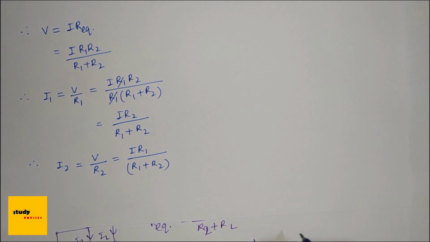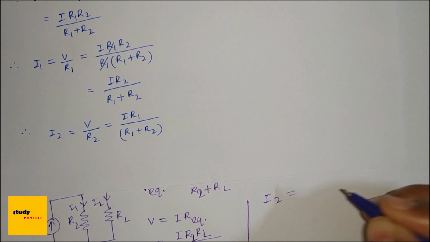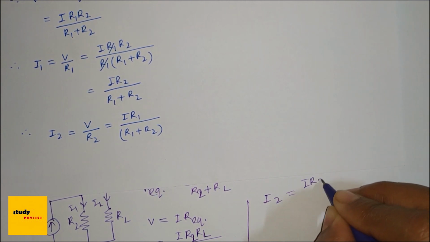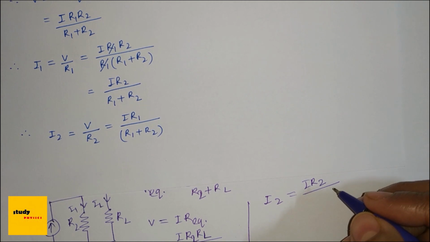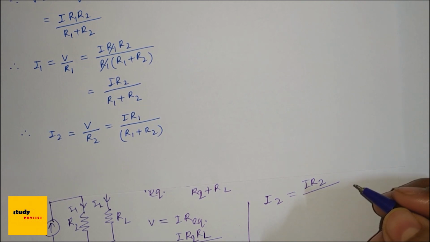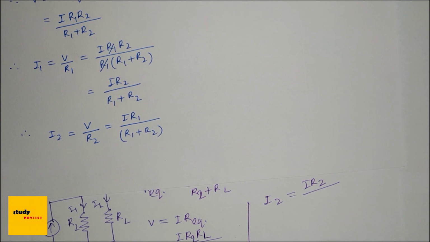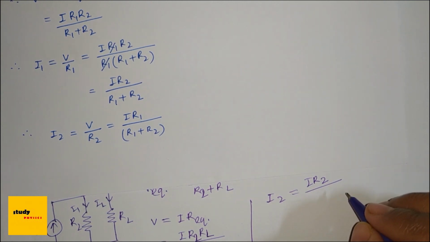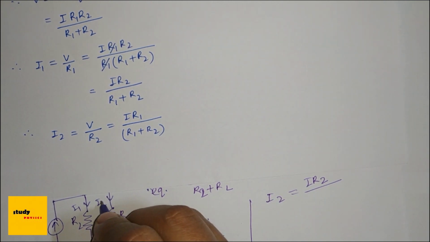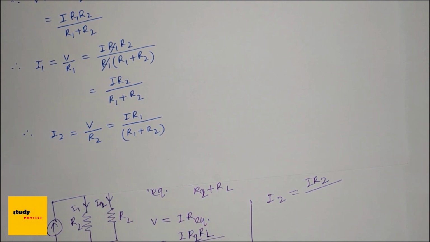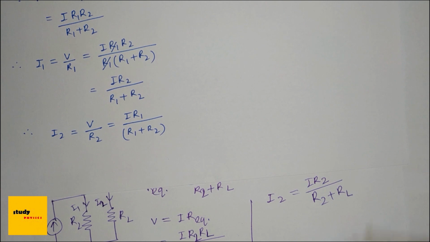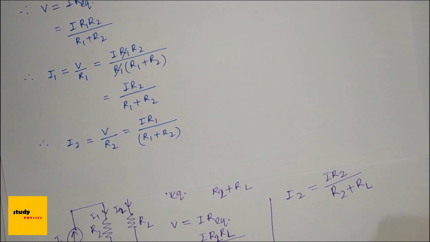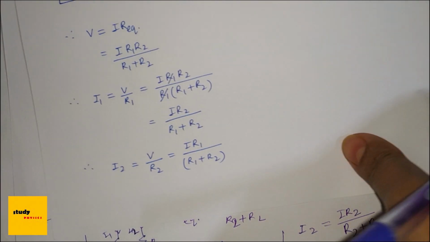Just like I2, we will find IL is I R2 divided by R2 plus RL.